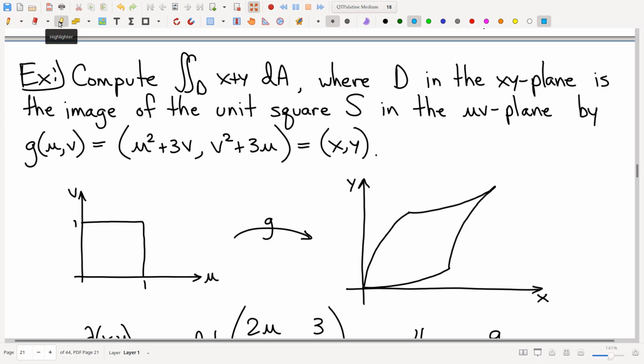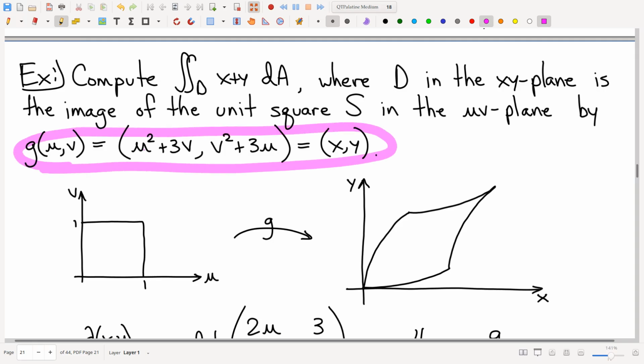We're starting off with this function right here. Notice this function takes u and v as the inputs, gives x and y as the outputs. So as indicated, u and v are the inputs, x and y are the outputs.